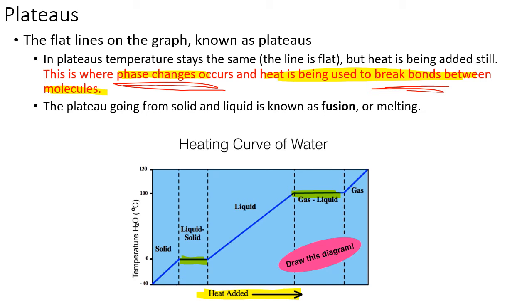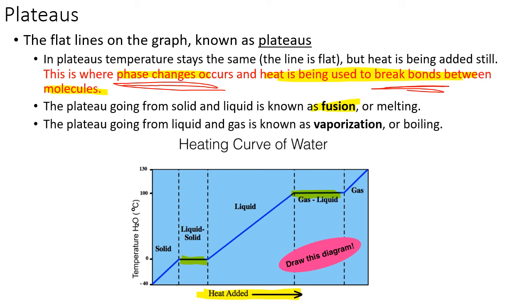And then this first plateau, going from solid to liquid, is known as fusion, also known as melting. And then the plateau going from liquid to gas is known as vaporization, or, you know, boiling, liquid to gas.